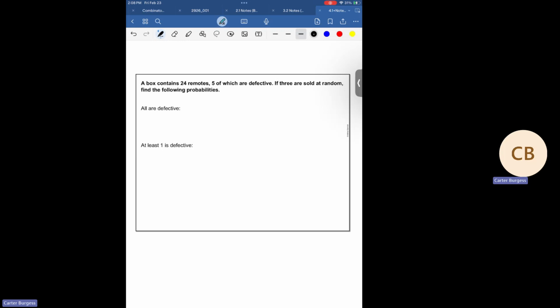I just want to see the setup for what this is going to look like. All of them are defective? So we're just doing the first one for now. Find the likelihood that all of the ones that are sold are defective.